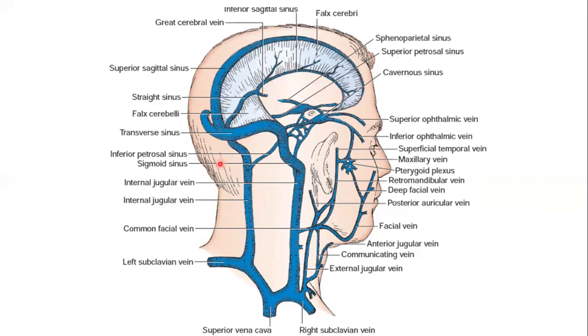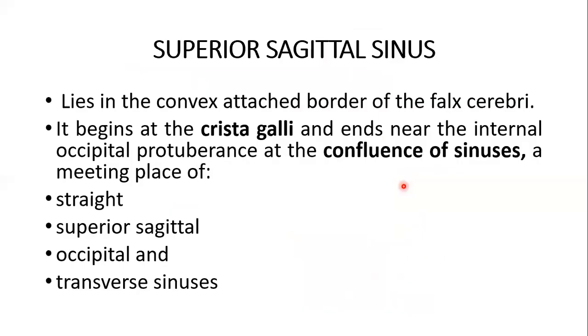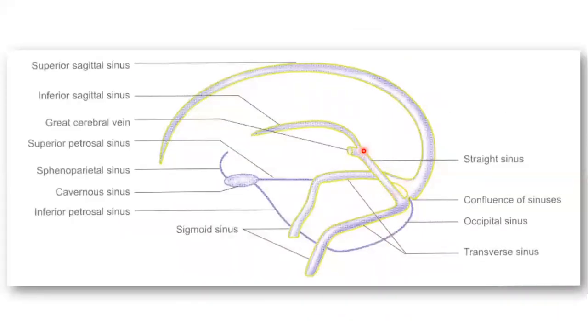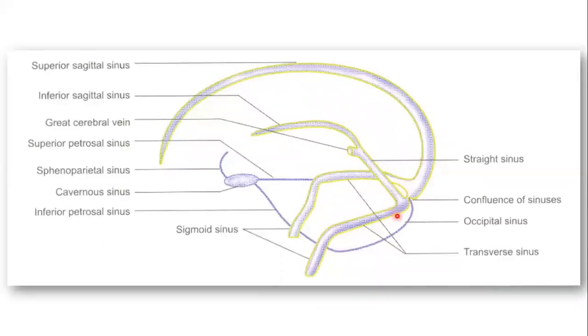So this is the confluence, and the confluence is formed by various contributing sinuses: the superior sagittal sinus, the straight sinus, the occipital sinus, and fourth, the transverse sinus. These four sinuses form the confluence.